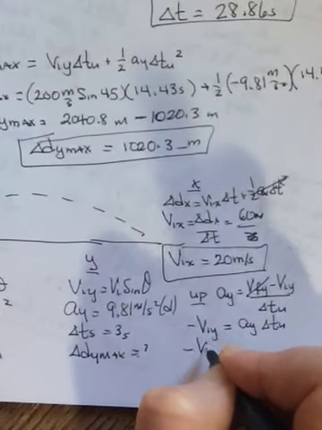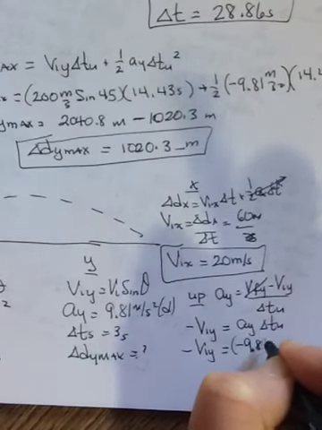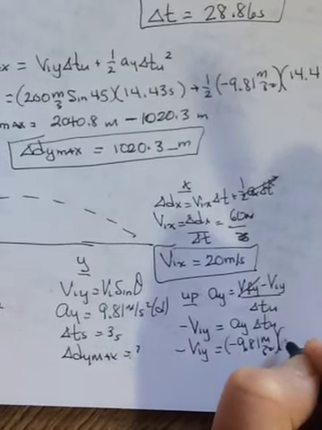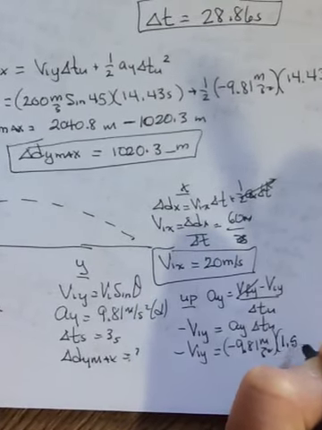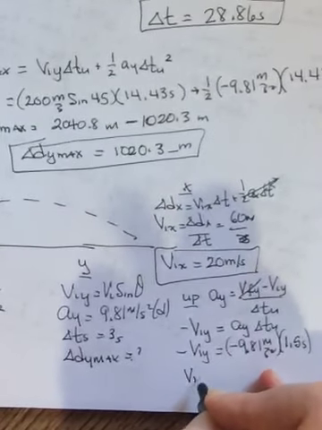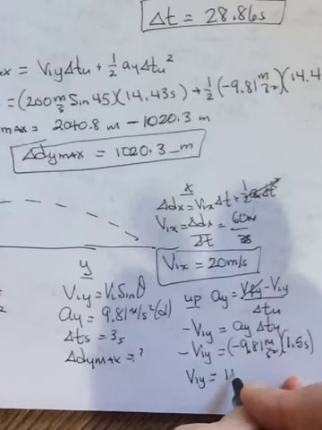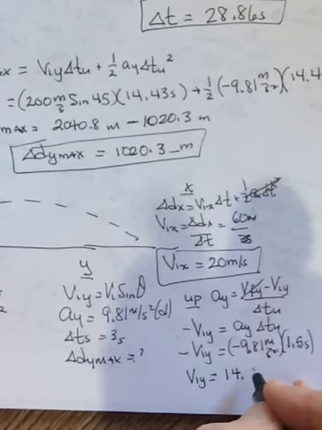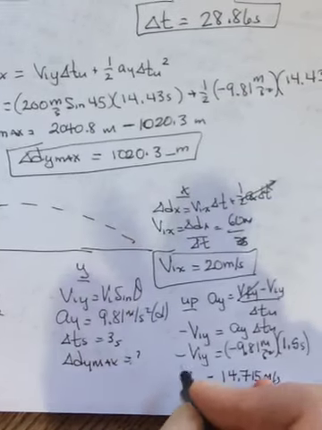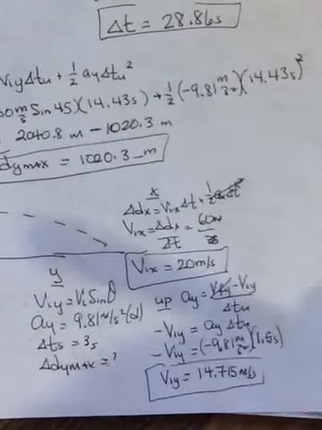So my negative VIY will be equal to negative 9.81 meters per second squared. Time up, well, the full time is 3 seconds, so the time up has to be 1.5. The negatives cancel, and I get a VIY of 14.715 meters per second. So with these two, I can find my VI and my theta.